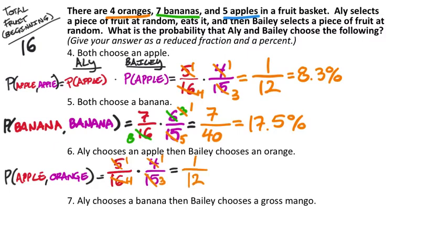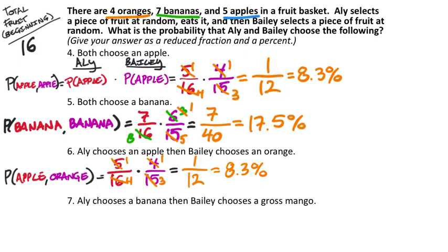And yeah, we've seen 1/12 before. So I'm not even going to worry about putting this in the calculator. It's 8.3%. So it's the same probability when Allie chooses an apple and Bailey chooses an orange as both choosing an apple on that one. And again, that's because of the dependentness of these probabilities.